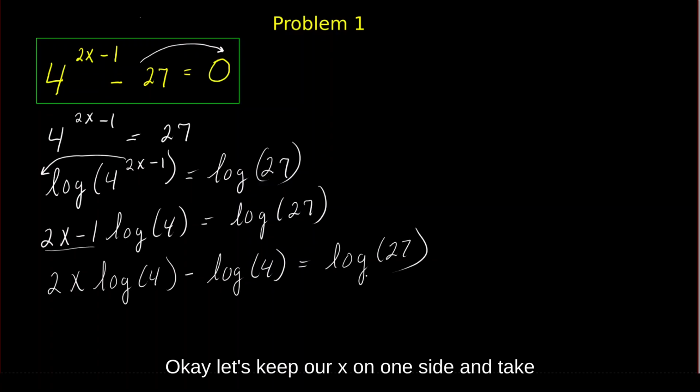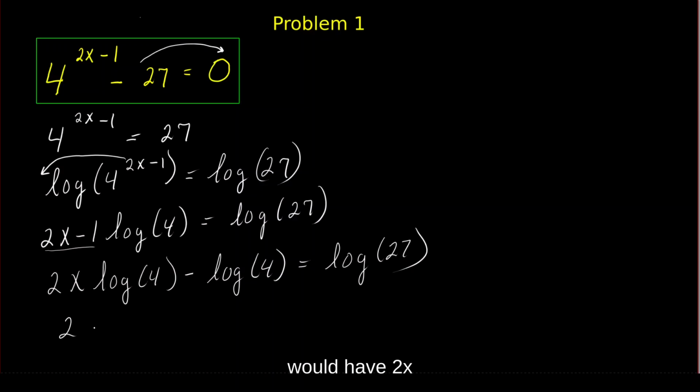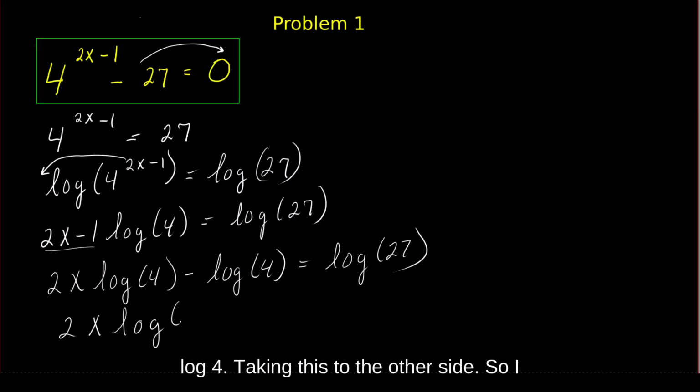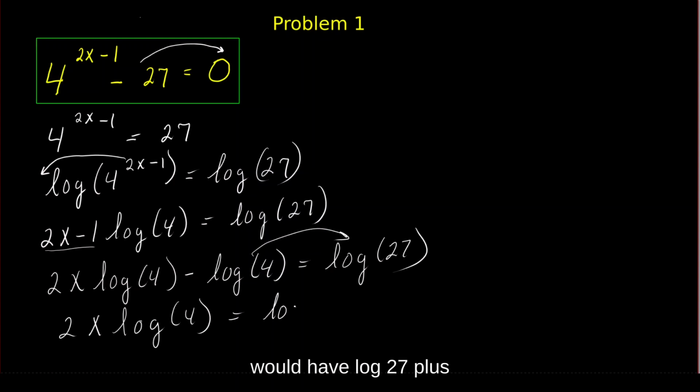Okay, let's keep our x on one side and take everything else to the other side. So we would have 2x log 4, taking this to the other side, equals log 27 plus log 4.